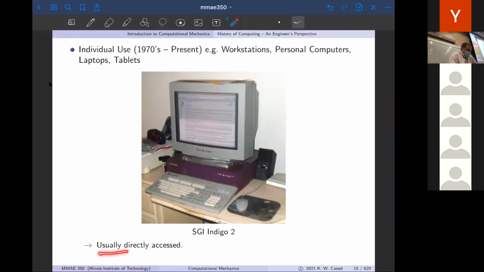So now you're directly accessing that computer, and that's the way things have been since then. We all have our own computers, and we communicate with each other through the network, rather than the computer being centrally located and all of us remotely accessing that one computer with our dumb devices that don't have any CPUs in them.